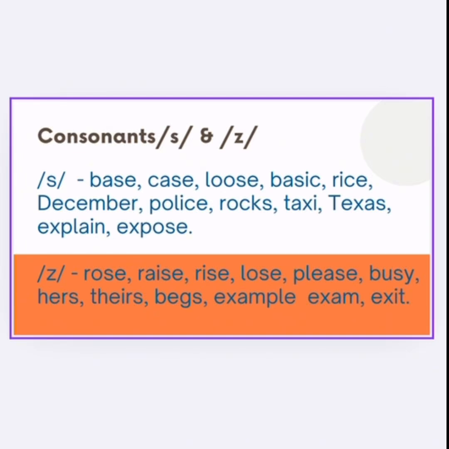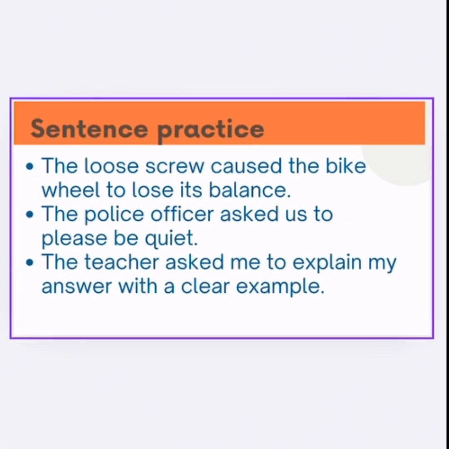Now let's move to the sentence practice. The first sentence: the loose screw caused the bike wheel to lose its balance. Now let's analyze this sentence. The word loose, L-O-O-S-E, makes the S sound. Screw also makes the S sound.